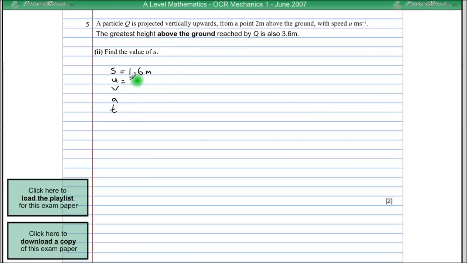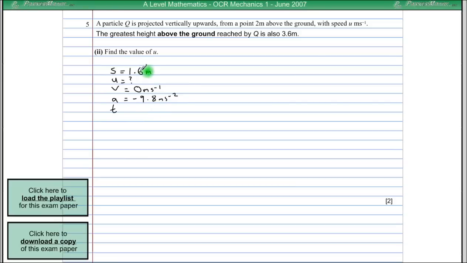U is what we're trying to find. Acceleration is still going to be minus 9.8. Once again, when we reach the highest point, V is going to be 0 meters per second.